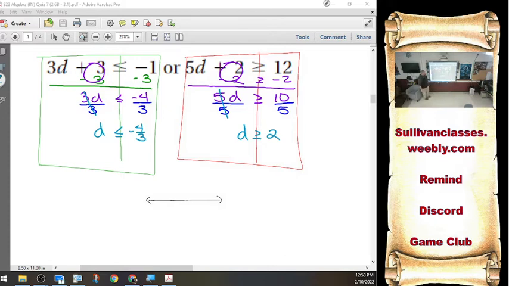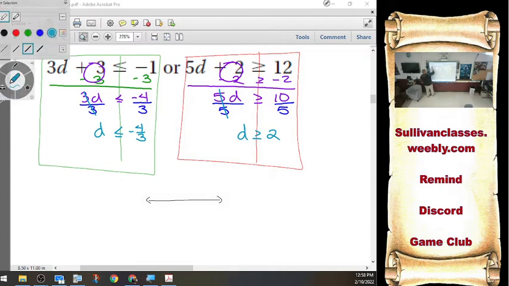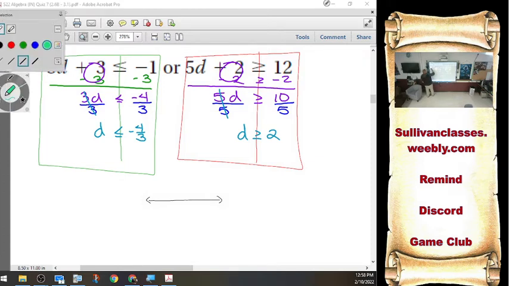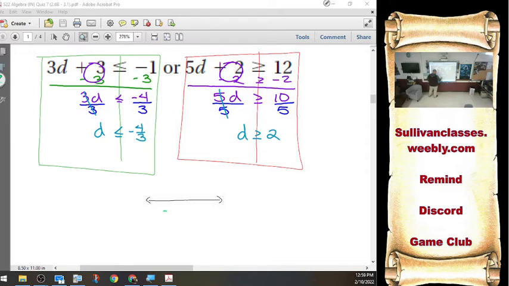So now, sketch your two things. The first one says negative 4/3, d is less than or equal to. So close circle, left. The next one says close right from 2.